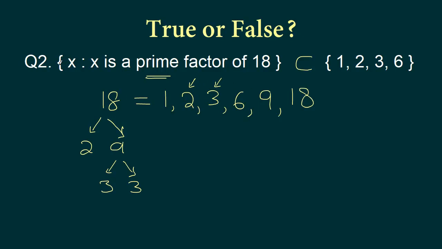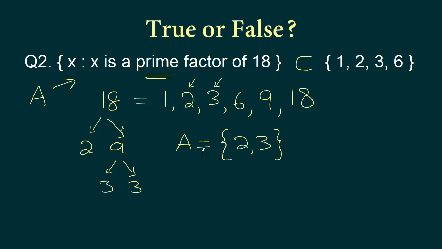So if we were to write this set, let's say this is set A, our set A will look like this: 2, 3, because the rest are not prime factors.